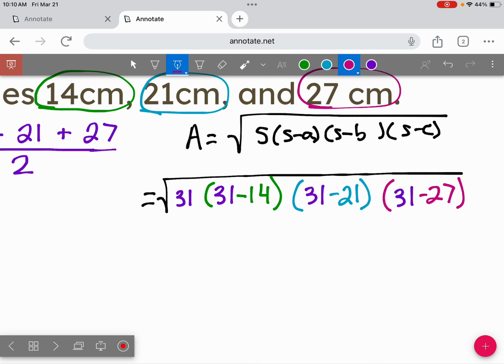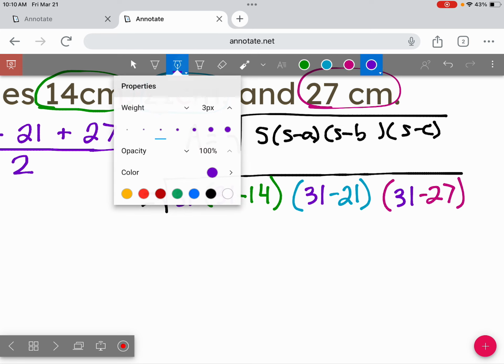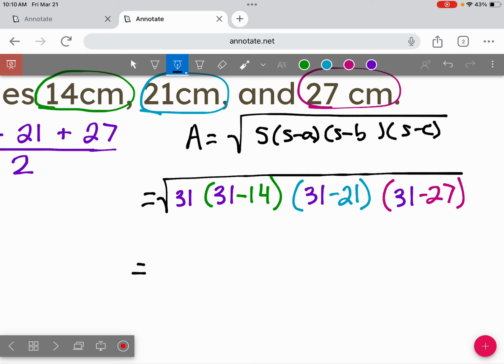I do recommend writing it out and doing a little bit of simplifying before I just plug in the calculator, because when it's this long, it is really easy to mistype one thing, and that'll throw the whole thing way off. Especially since this is mostly subtraction. We can do subtraction. We really can.